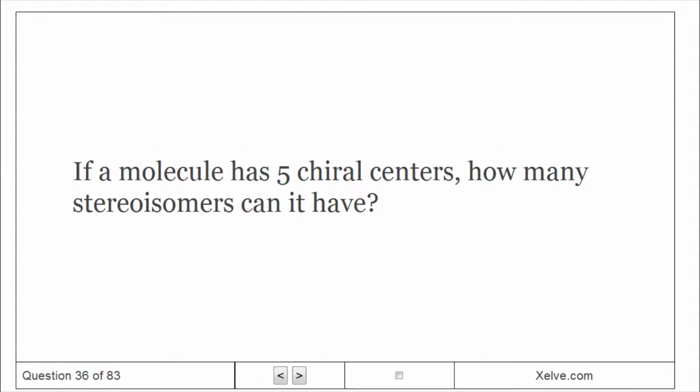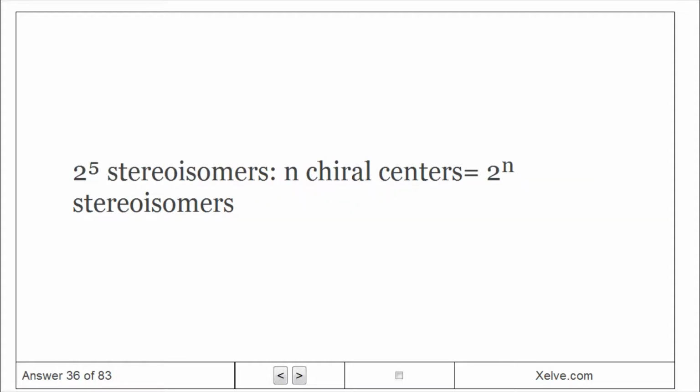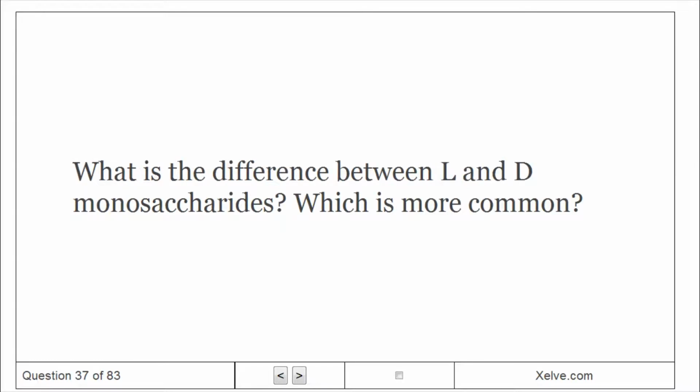If a molecule has 5 chiral centers, how many stereoisomers can it have? 2^5, or 32, stereoisomers. What is the difference between L and D monosaccharides, and which is more common?